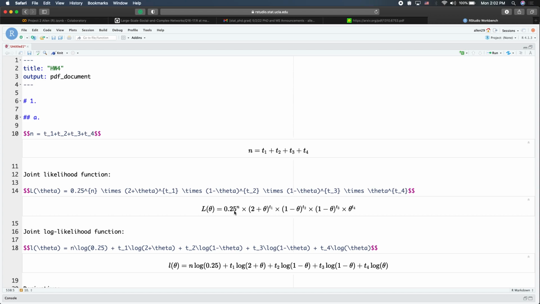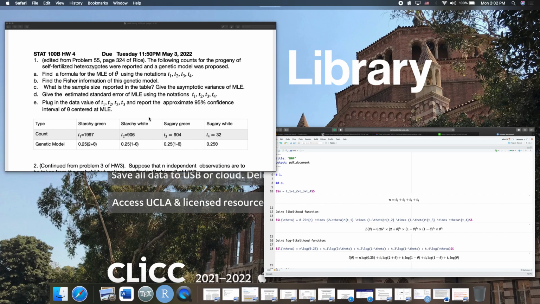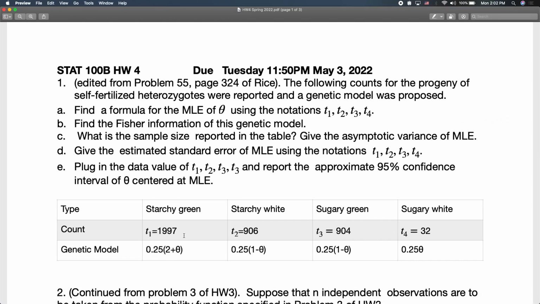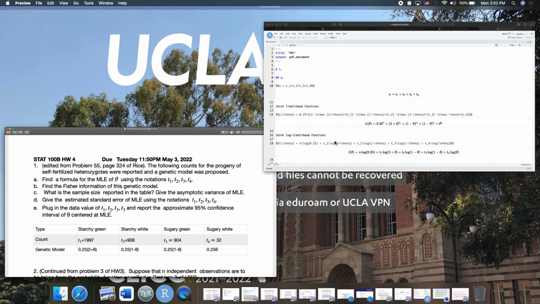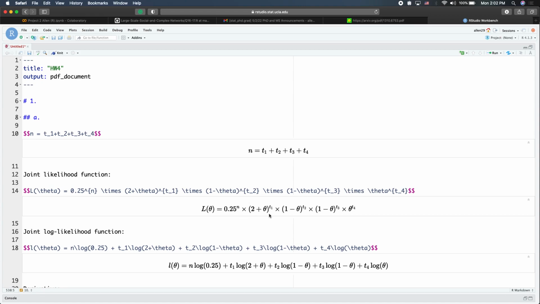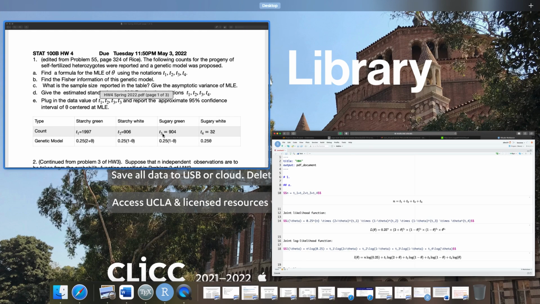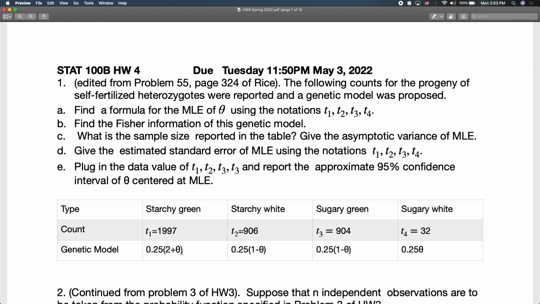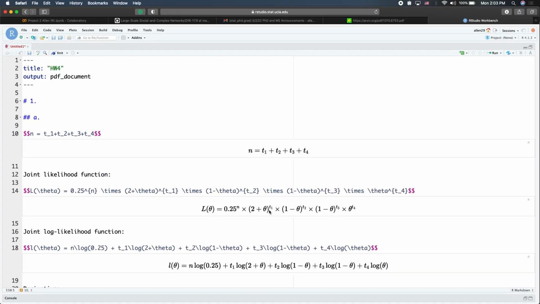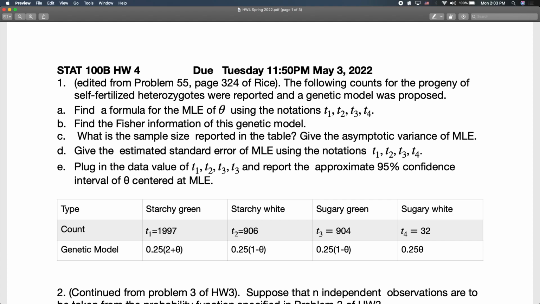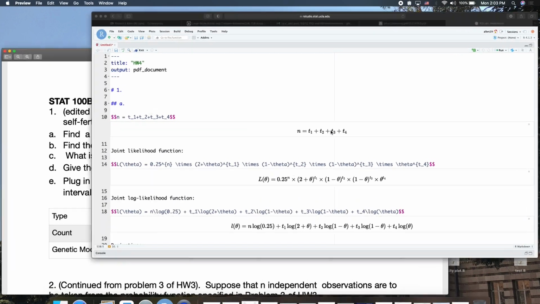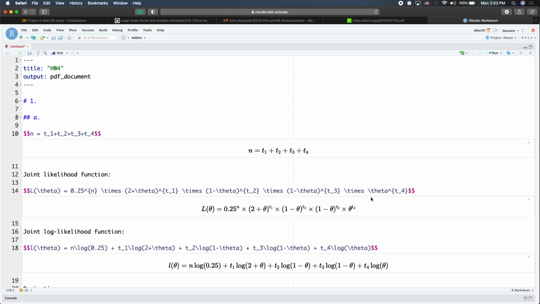So we have 0.25 multiplied by 2 plus theta, raised to the power of 1997, or T1, that is the number of occurrences for category A. And then we have 0.25 multiplied by 1 minus theta raised to the power of T2, and then the same for category C and category D. So you take the product.